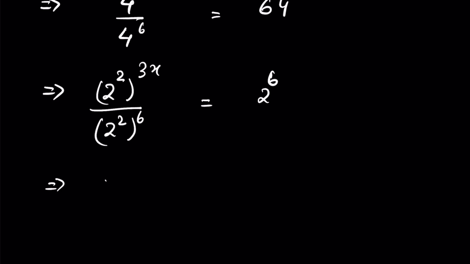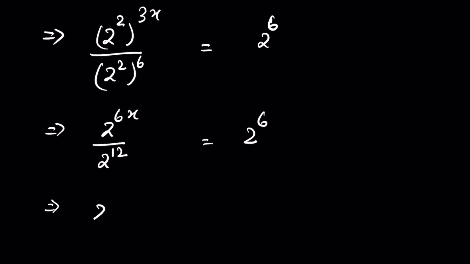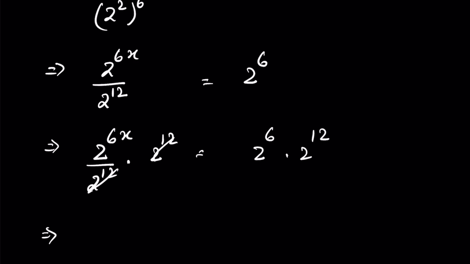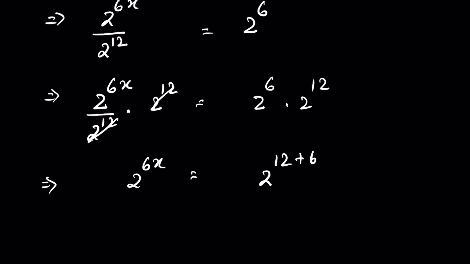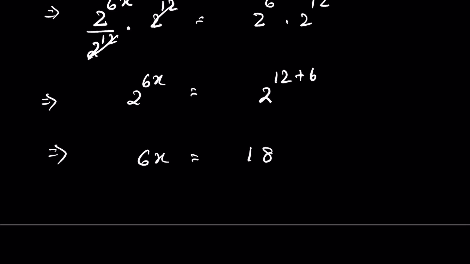So it is 2 raised to the power 6x upon 2 raised to the power 12 is equal to 2 raised to the power 6. We multiply both the sides by 2 raised to the power 12. So this and this get cancelled. 2 raised to the power 6x is equal to 2 raised to the power 12 plus 6, or 6x is equal to 18, or x is equal to 3.